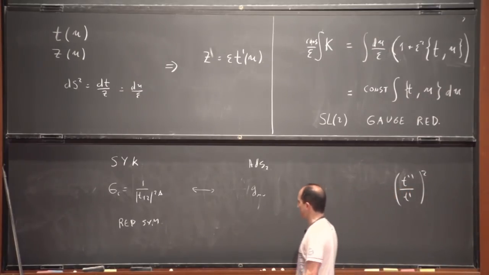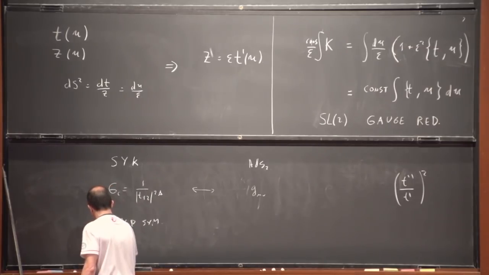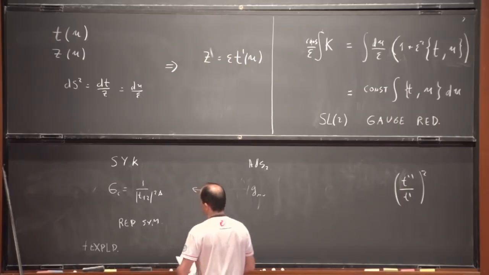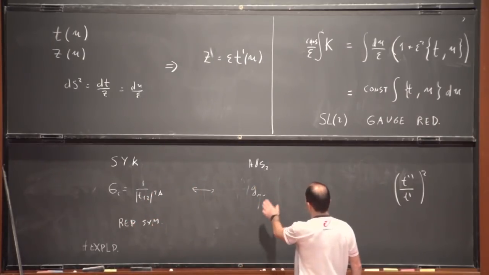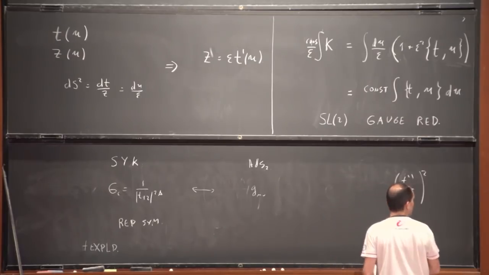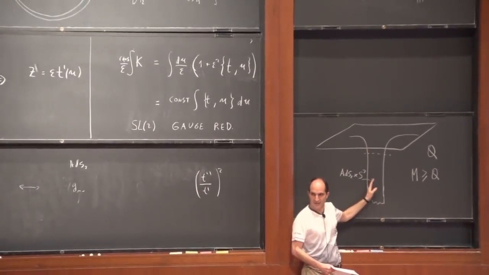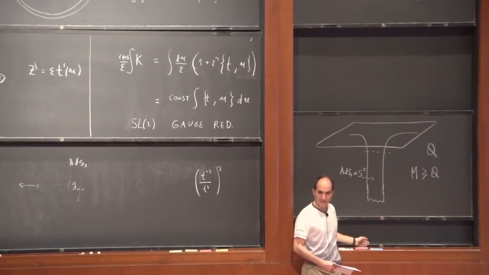And then in addition, we also have some explicit breaking. And that came from the UV dynamics in the SYK model. And in AdS2, it comes from the fact that we cannot take the infinite decoupling limit, but we have to remember that this joins into some bigger space. And we have to keep the leading order effects that join this to the higher dimensional space.